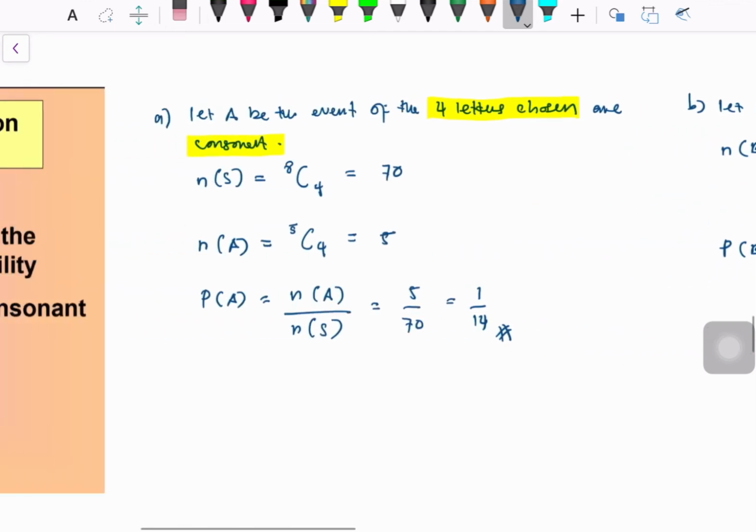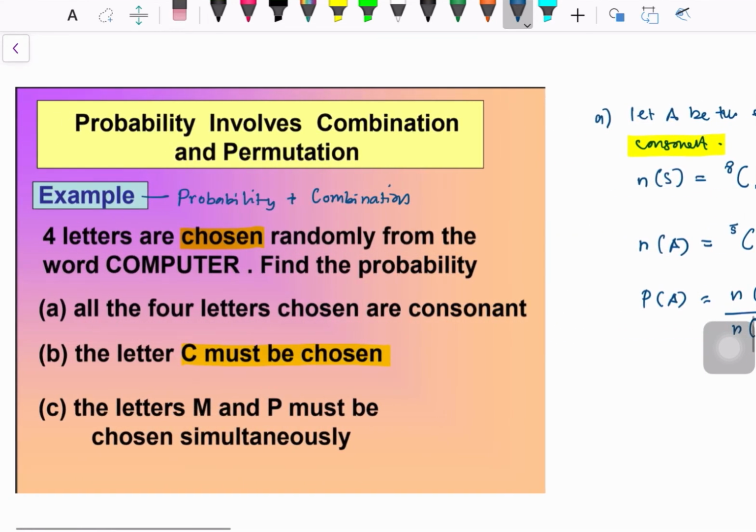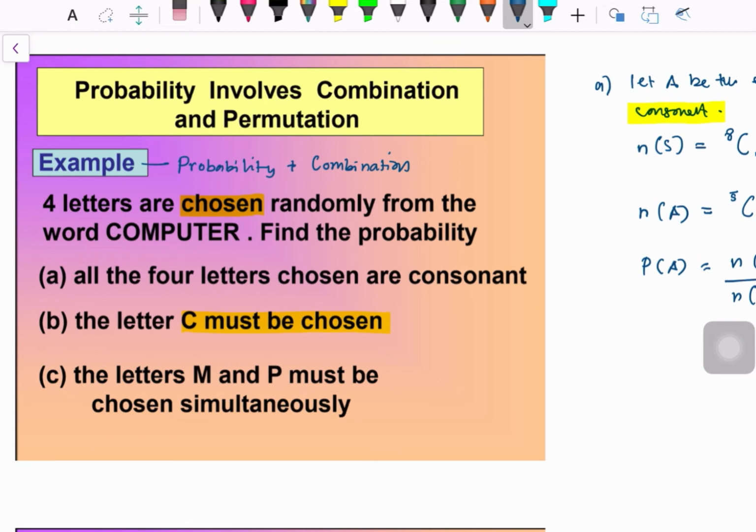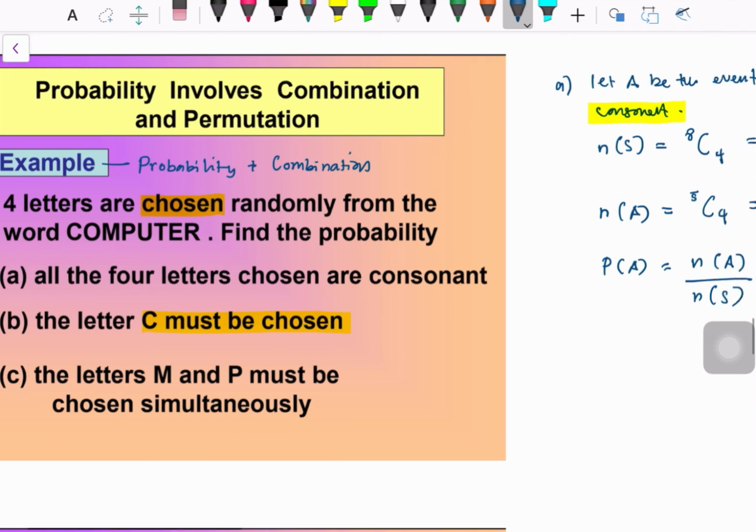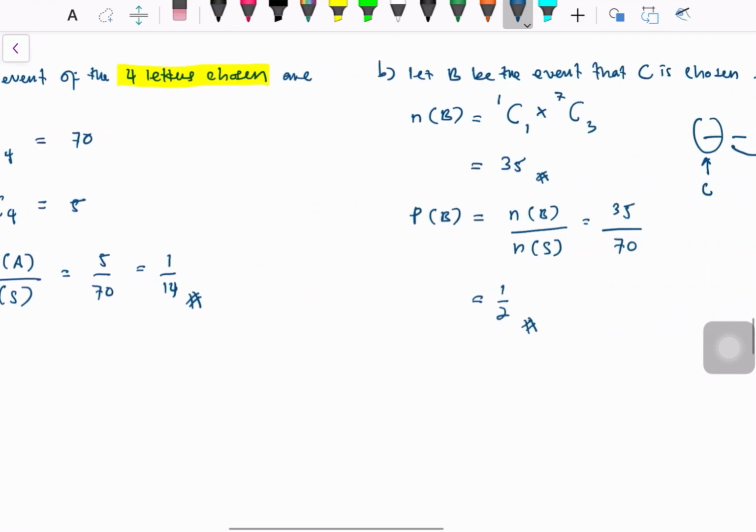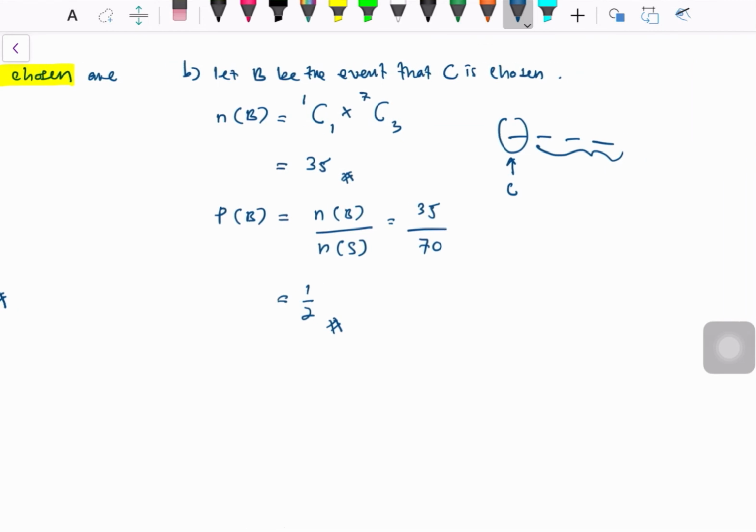Now let's continue with C. The letters M and P must be chosen simultaneously. It's the same idea as B, but since M and P are chosen simultaneously, 2 places are already booked for M and P. We still have 2 places left to choose the rest of the letters.